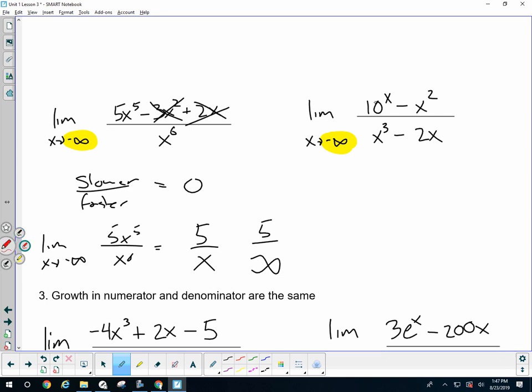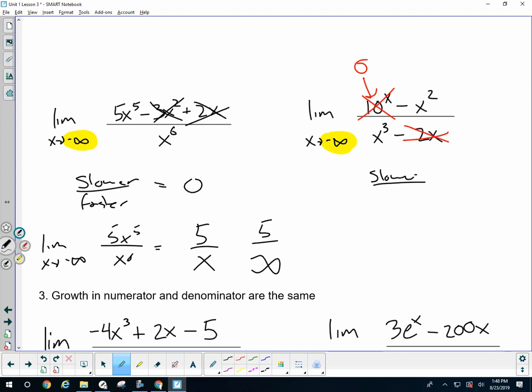This is a no growth situation when I'm plugging in negative infinity, so this doesn't matter. 2x doesn't matter compared to the x cubed. You have x squared over x cubed, slower over faster.